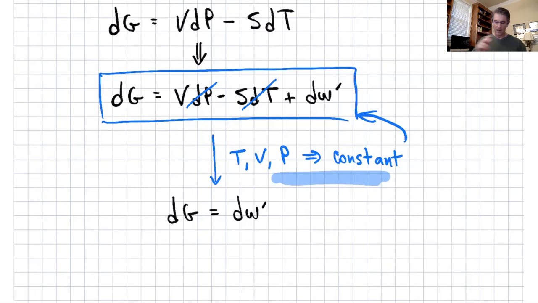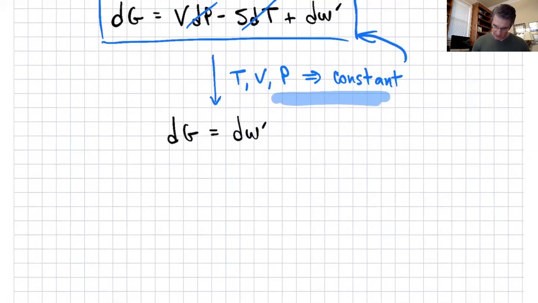The kind of work we're going to care about is W prime, equal to electrical work, any work that could be done by the flow of electrons. So the next question is, how do you define electrical work?